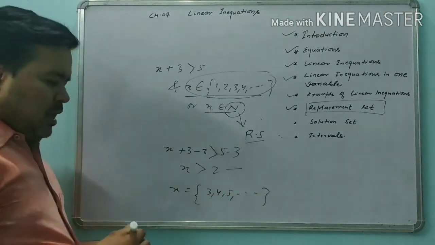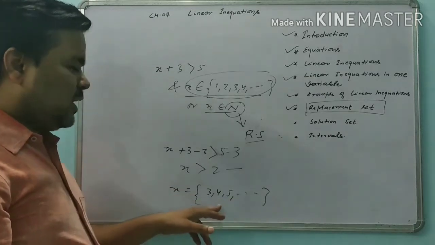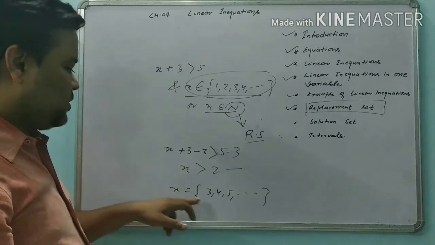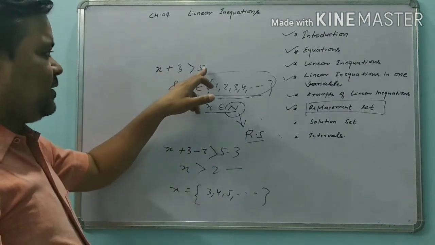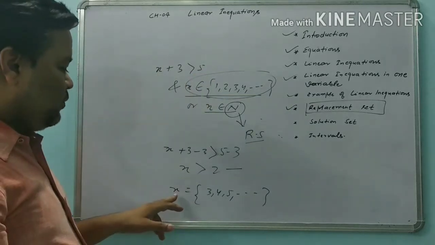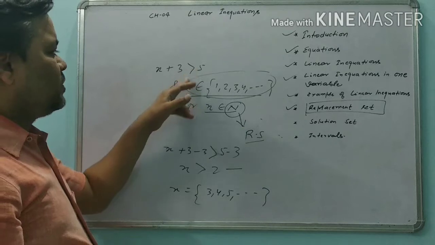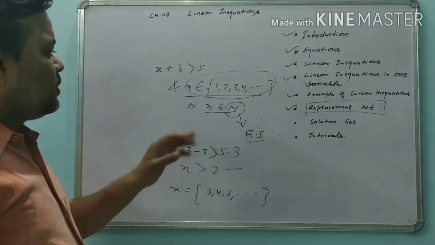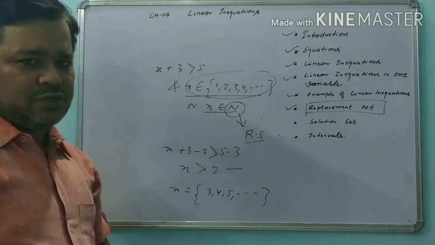If we put any value of x from this, it will satisfy this condition. If we take x equal to 3, then 3 plus 3 is equal to 6, which is already greater than 5. Similarly, if we take x equal to 4, then 4 plus 3 is 7, which is greater than 5. It means the replacement set is that set from where we get the solution set.